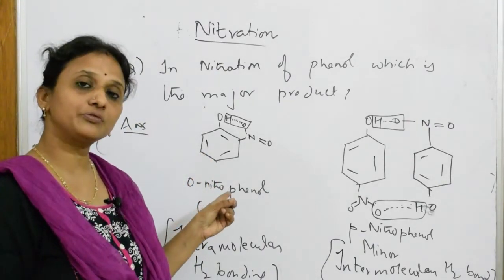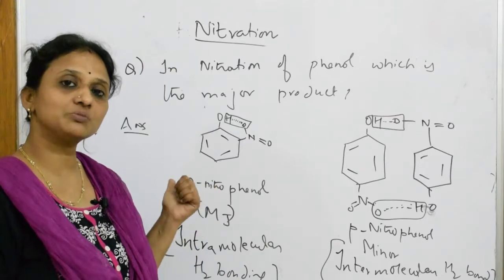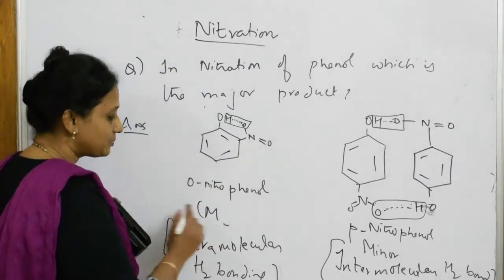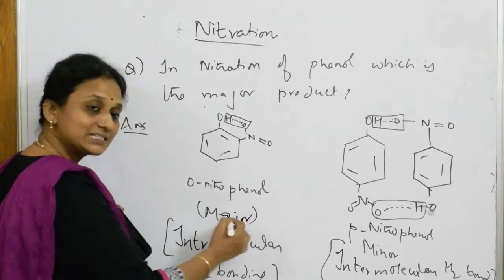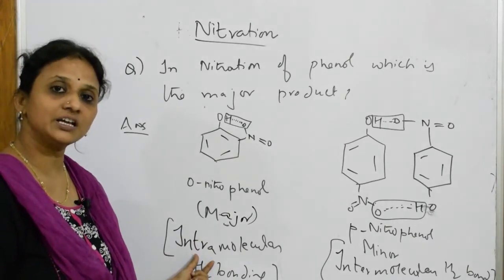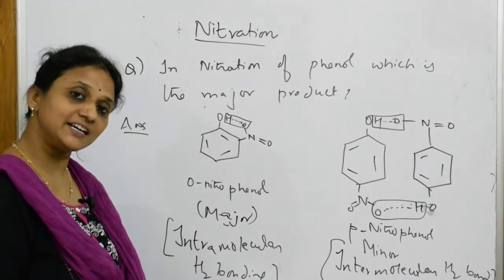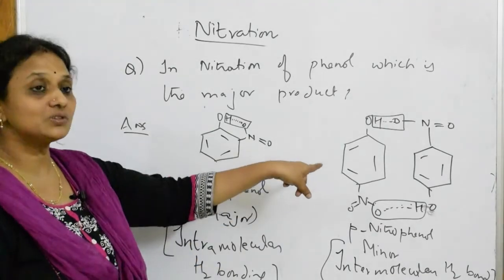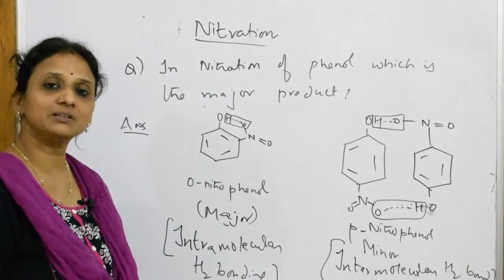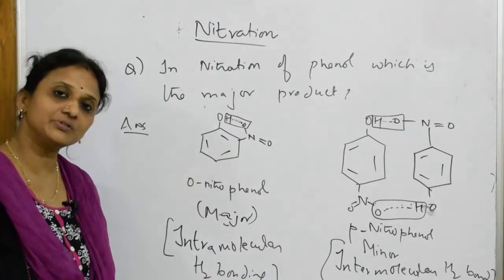Compared to ortho nitrophenol and para nitrophenol, the most preferred product is this, the major product. So let me write major product. Why is this the major product? Because of intramolecular hydrogen bonding, which makes it more stable. Hence it is highly preferred. And this shows intermolecular hydrogen bonding, hence it is less preferred because it is less stable than this. This is how you are going to reason the question.